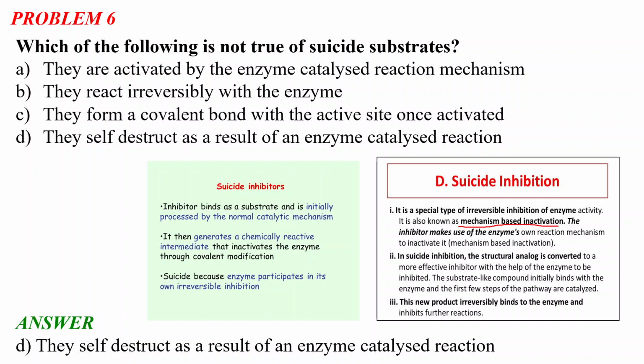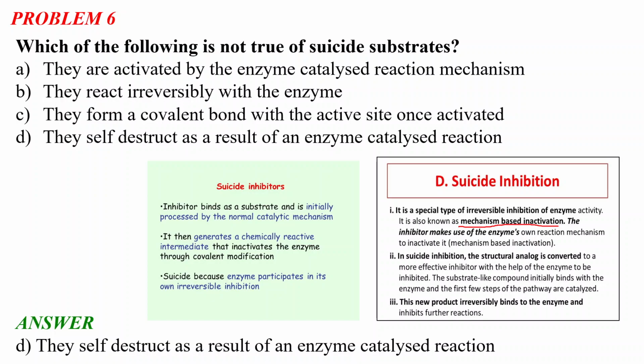So, in suicide inhibition, the structural analog is converted to a more effective inhibitor with the help of the enzyme to be inhibited. The substrate like compound initially binds with the enzyme, the first few steps of the pathway are catalyzed, and the new product irreversibly binds to the enzyme and inhibits further reaction. Okay. So, what happens basically in suicide inhibition?